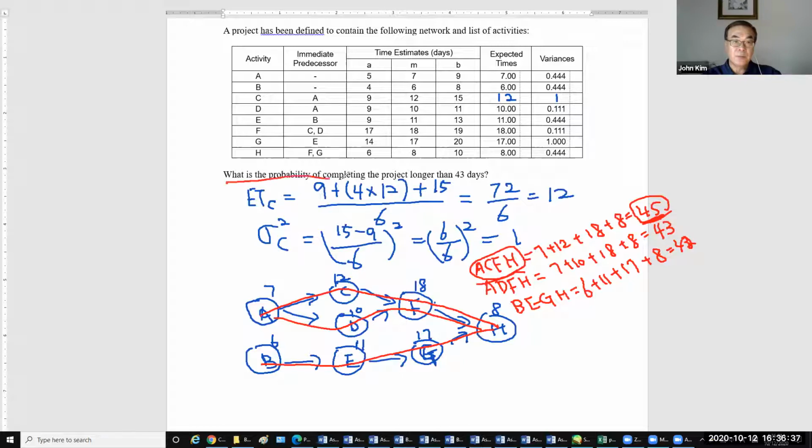So what is the probability of completing in 43? We need the Z-score. The Z-score equals D minus TE. D is the desired completion time, 43, and TE is the expected duration, this one.